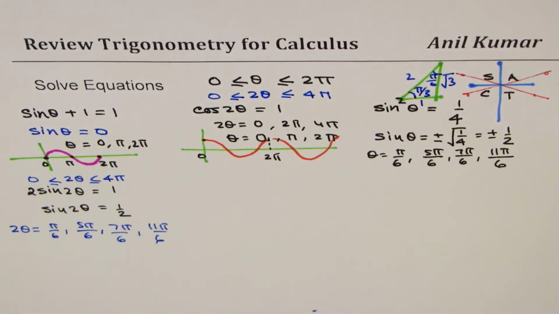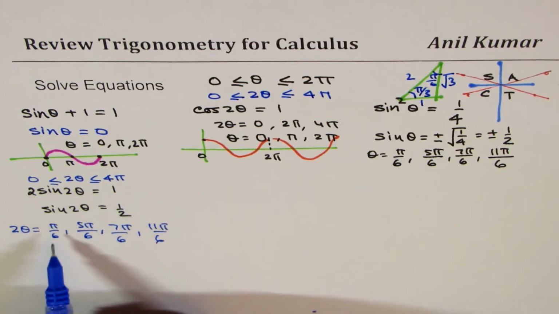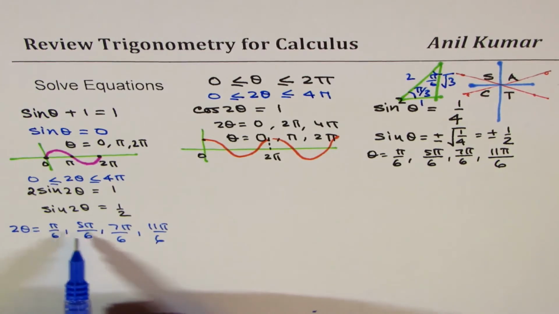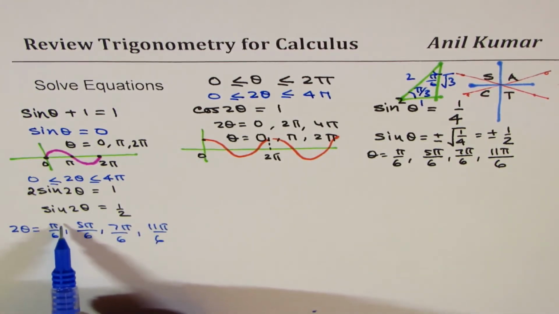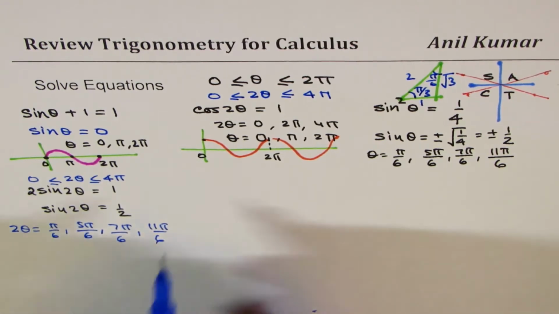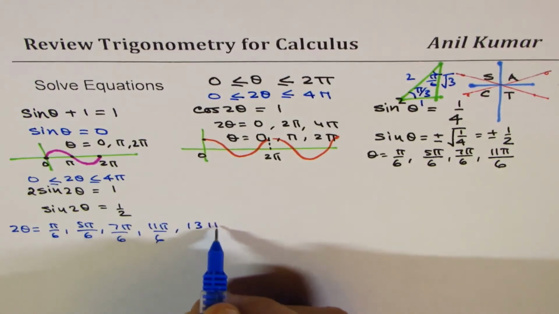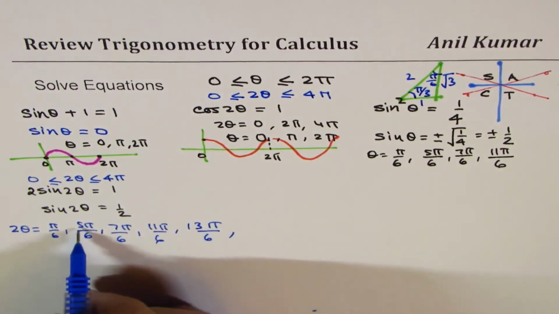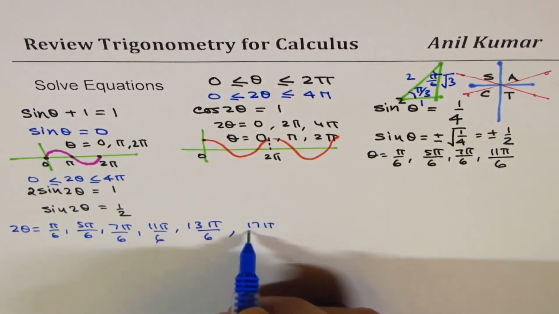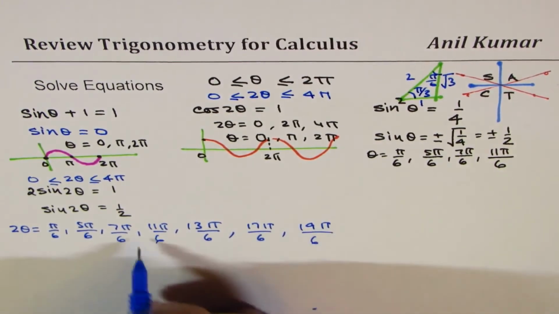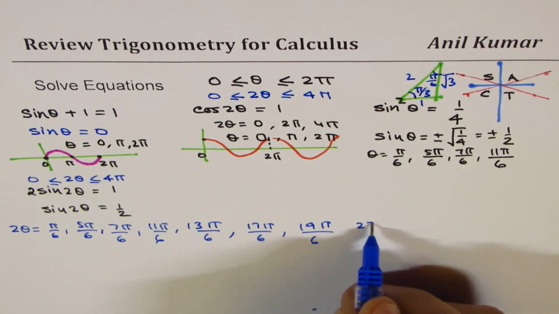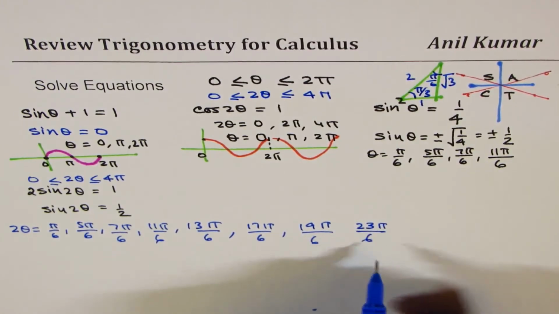That is kind of important to understand. One more cycle to it. That is to say, you have to add 2 pi to each one of them. Adding 2 pi means adding 12 pi by 6, right? So 12 plus 1 is 13 pi by 6. 12 plus 5 is 17 pi by 6. 12 plus 7 is 19 pi by 6. 12 plus 11 is 23 pi by 6, correct?